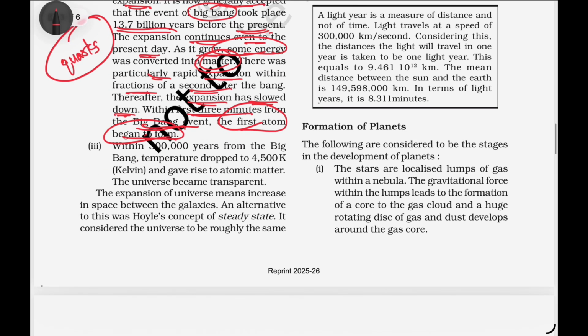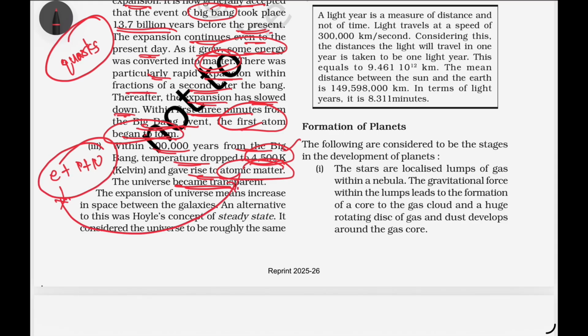Within some 3 lakh years from the Big Bang, the temperature dropped to 4500 Kelvin and gave rise to atomic matter, and the universe became transparent. After reaching this temperature, electrons fused with protons and neutrons, forming atomic matter.